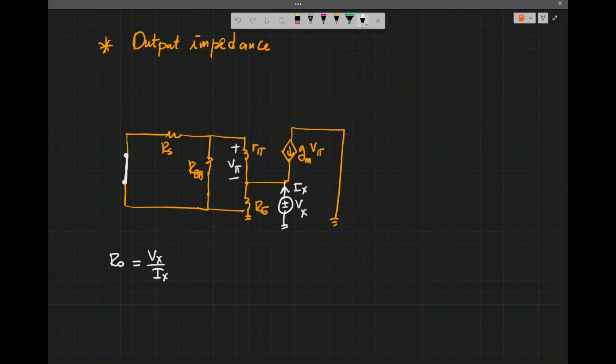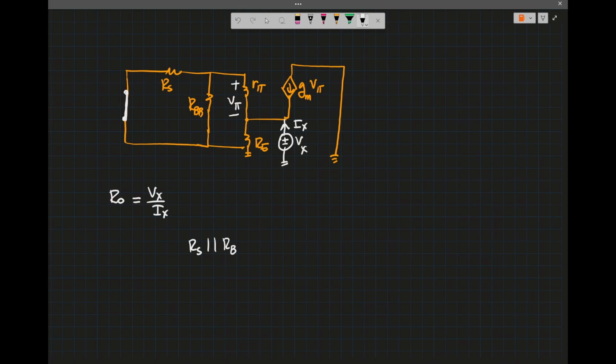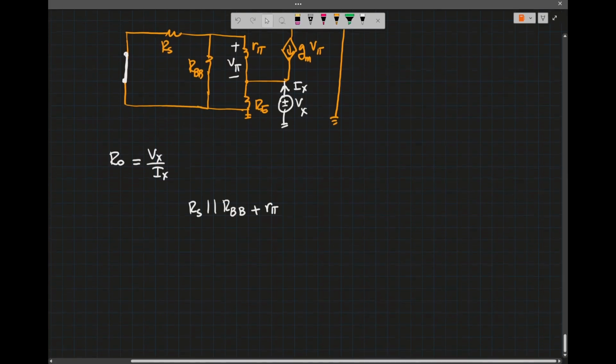Let me simplify the network: we have RS parallel RBB, so I can combine them, and those are in series with R pi.